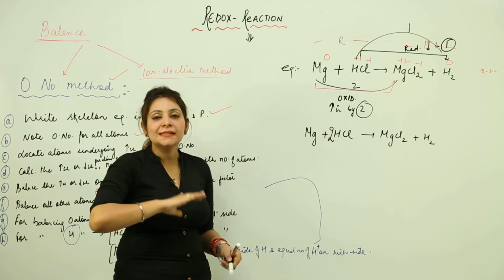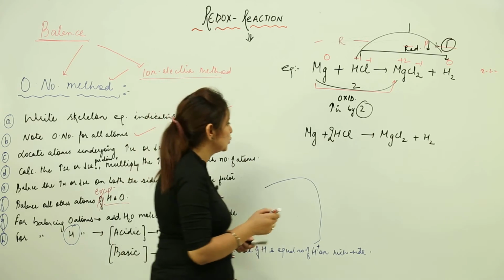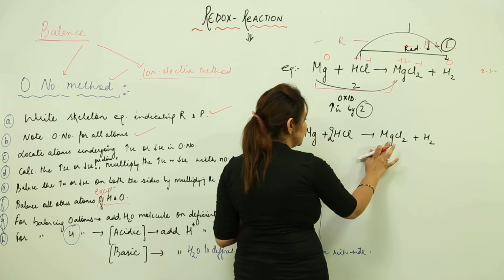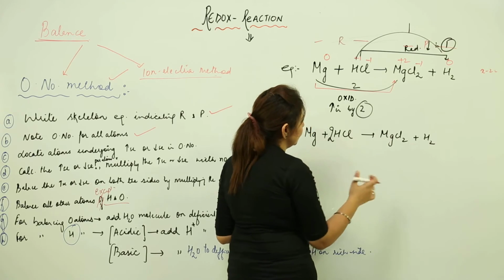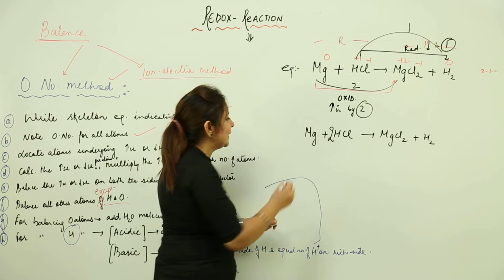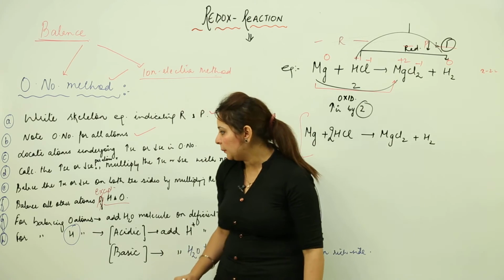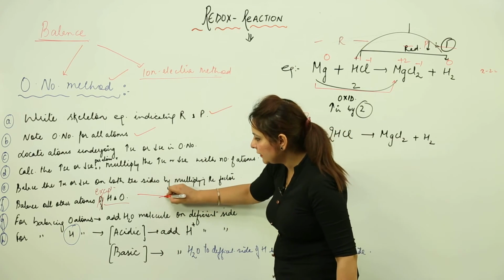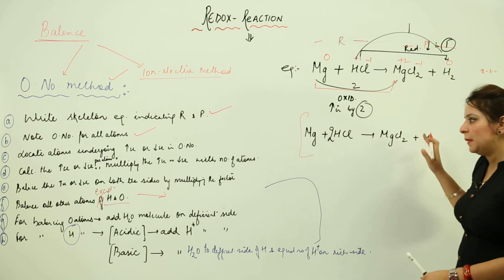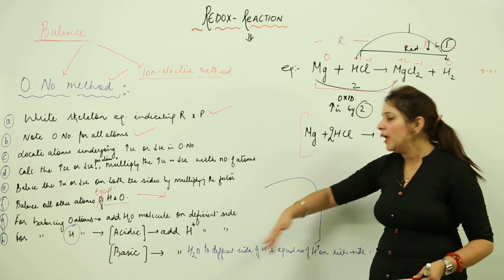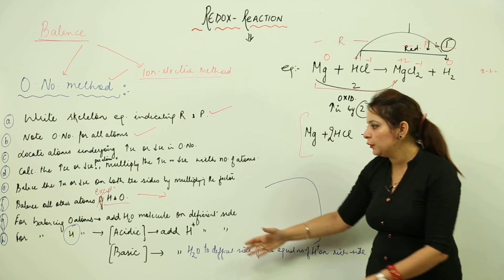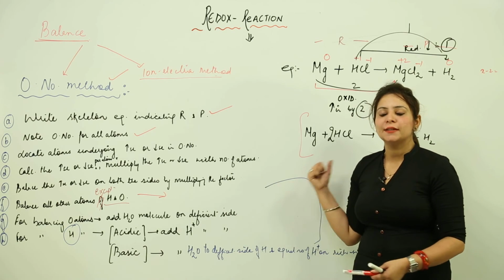Now I am going to balance everything except H and O. Mg 1 is balanced, Cl 2 and Cl 2 balanced, and hydrogen 2 on hydrogen 2. It is by chance that my reaction is ending at this step, because everything is just balanced. Otherwise, if it is not balanced, we need to focus on these things. Now I will be taking up another example which will involve these steps also. So just look at the board carefully.